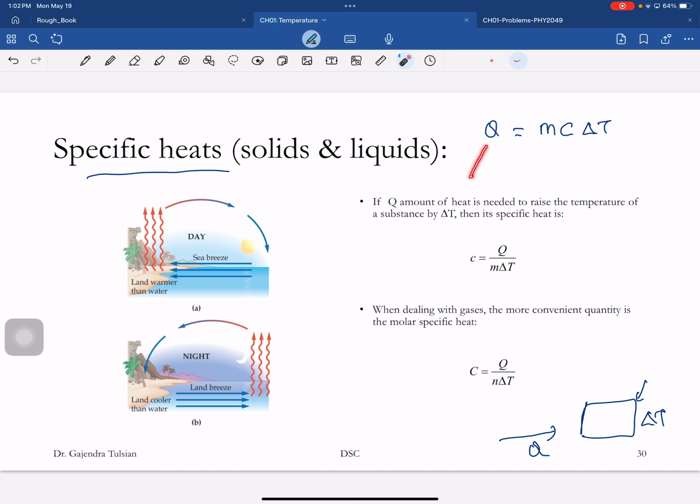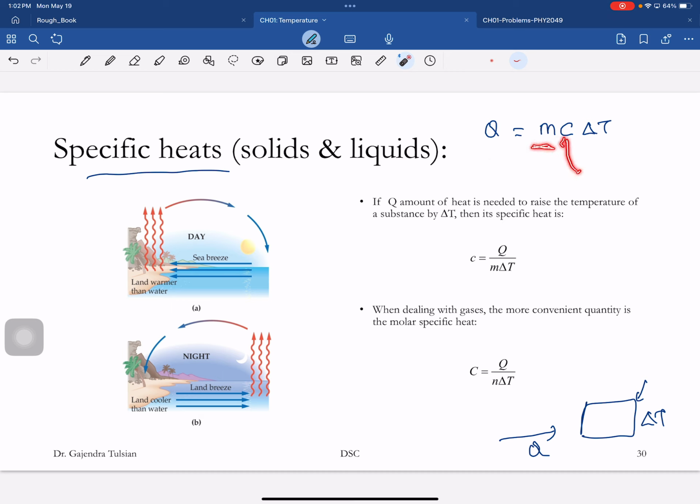Now let's say you add the same amount of heat, and if the specific heat of the material is high, the temperature rise will be lower. Everybody understand that? So you add a certain amount of heat, let's say 100 joules, to 1 kg of material.